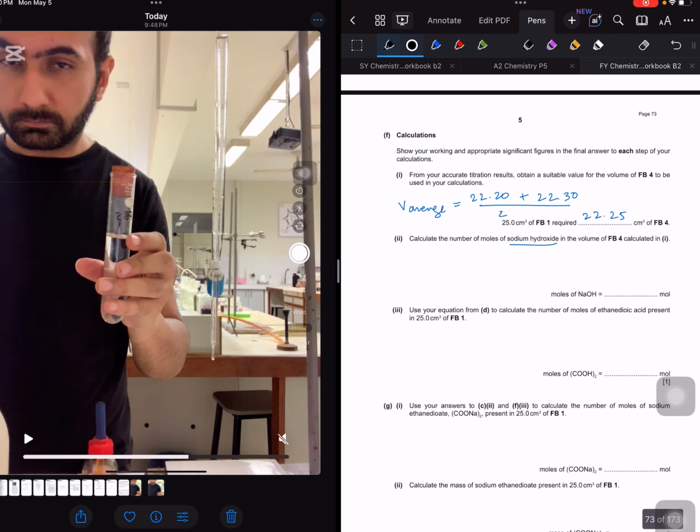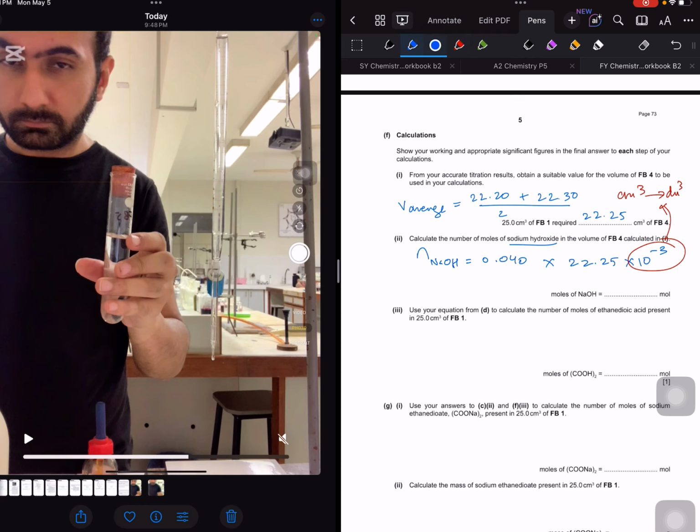So what value? 22.25. Moles of sodium hydroxide equals 0.04 times volume, 22.25 exponent minus 3. Why am I adding exponent minus 3? To convert cm cube into dm cube. Don't forget this fact.